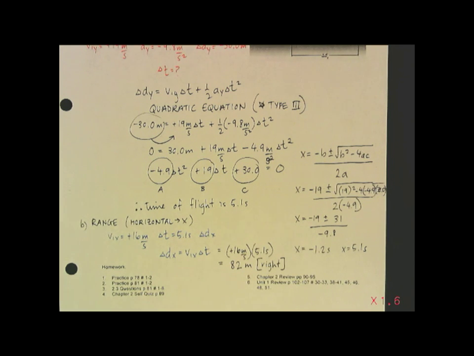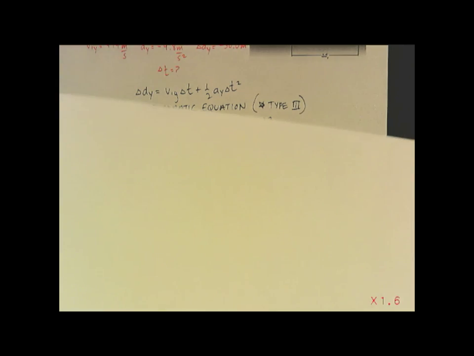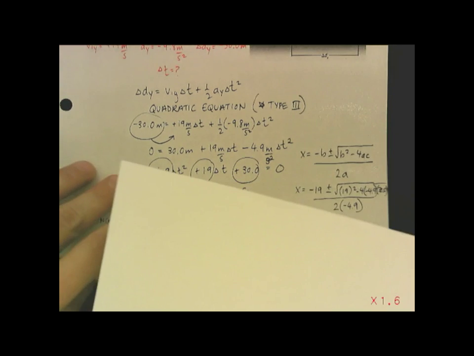For part C, we're going to take out a sheet of paper. In this example, they ask us for the final velocity of this projectile. Now, what we need to know about projectiles is the nature of their final velocity.